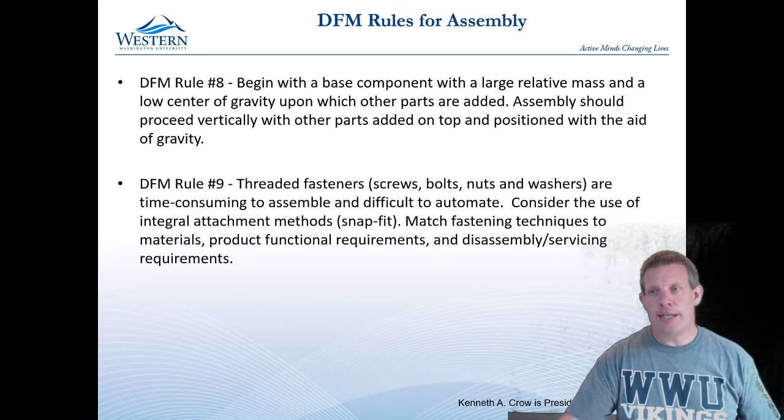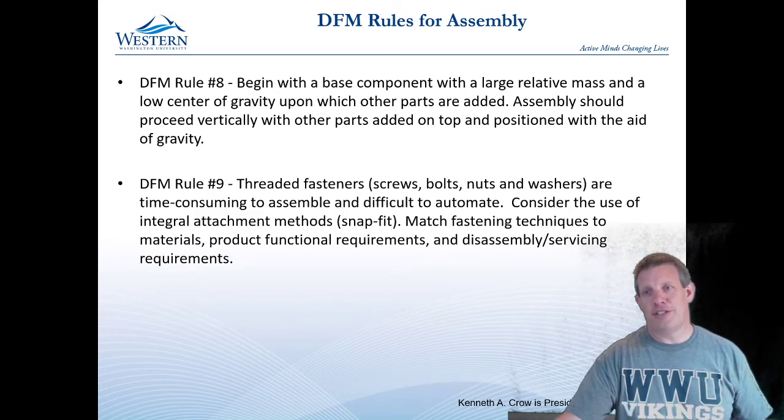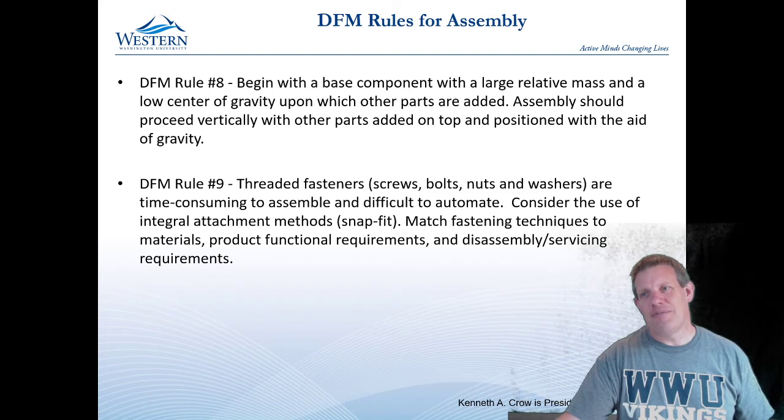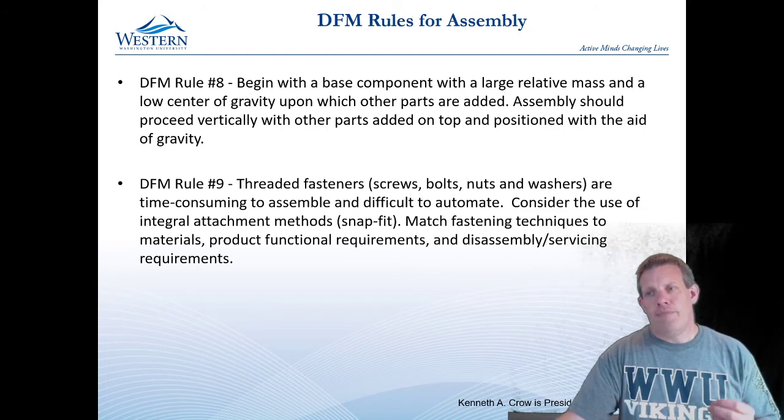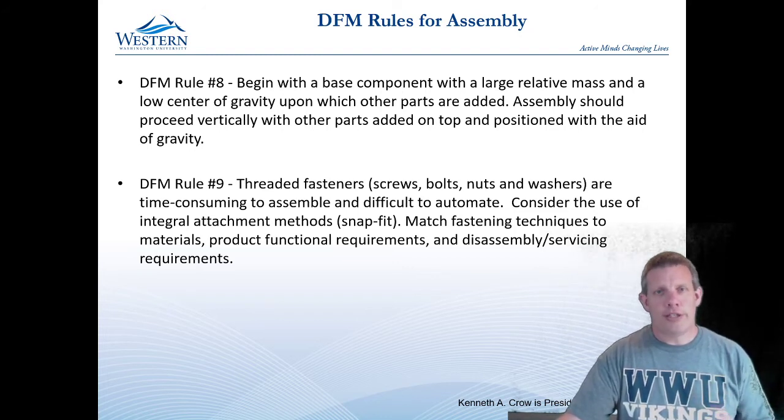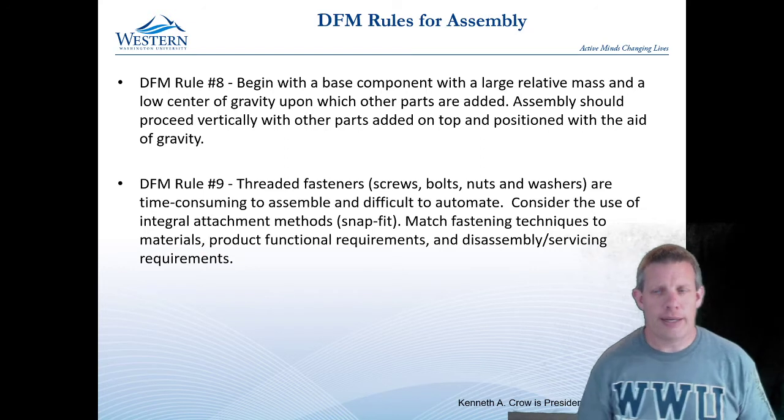Rule number 9 is that threaded fasteners are rubbish. They're time-consuming to assemble and difficult to automate. So you may want to use something else, snap fit, or something that is a much faster technique, something like rivets also. Now this is somewhat true and somewhat untrue, right?